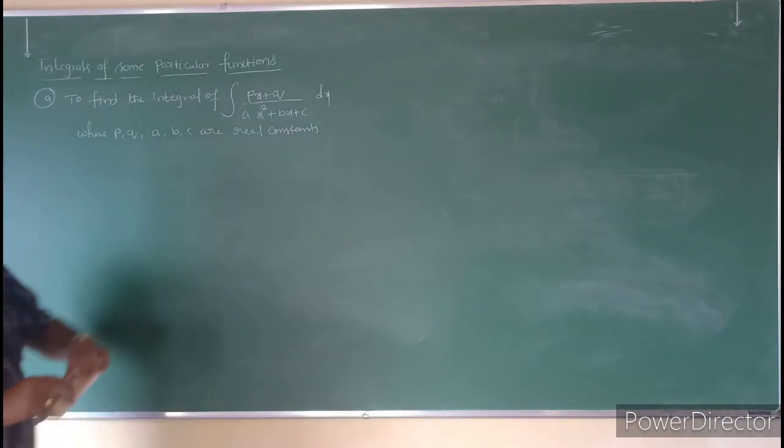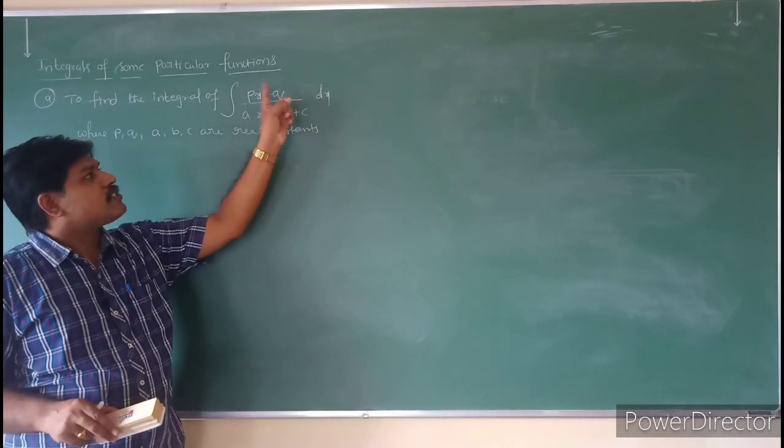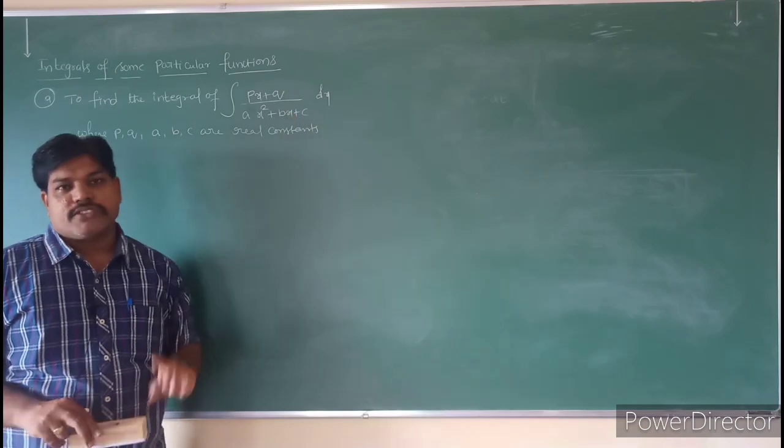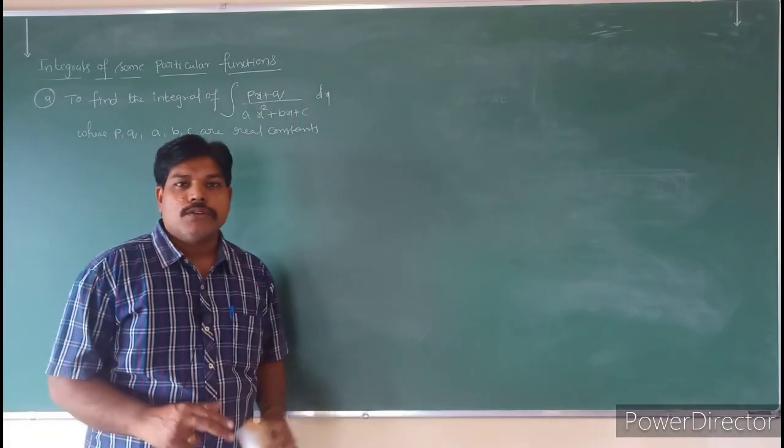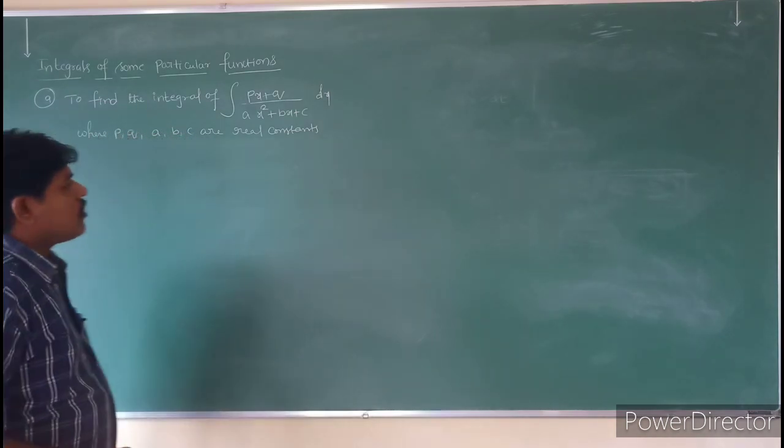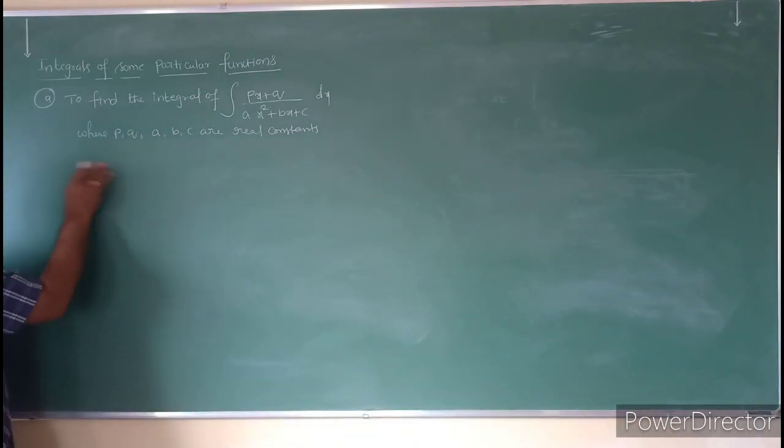So these type of problems, integral of px plus q by ax square plus bx plus c into dx. These type of models, how to solve that? You have to see that one.